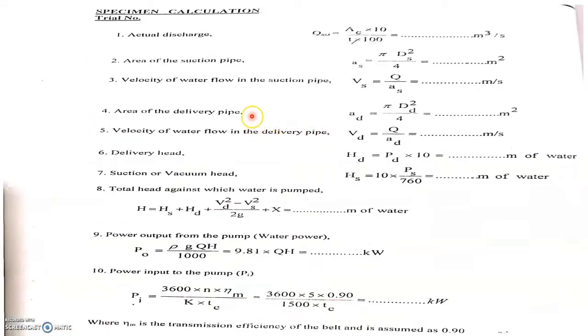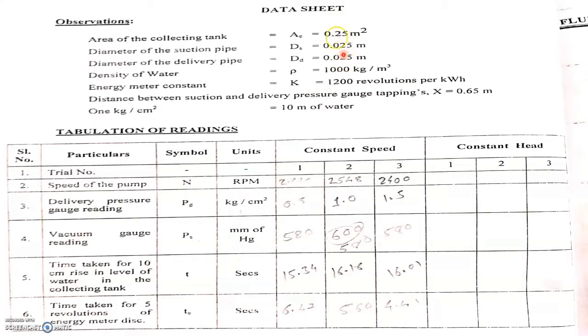These are the calculations. Here what we need to do is, these things are in the manual, we need to copy them. We need to find the actual discharge, that is AC, the tank area, into 10 by T into 100. You need to find the area of the suction pipe diameter. Previously you can see the diameter, everything has been given, and the area of the tank has also been given.